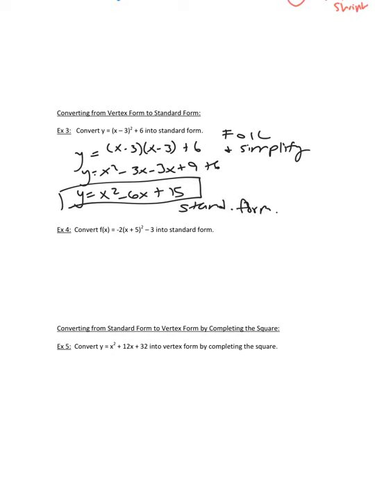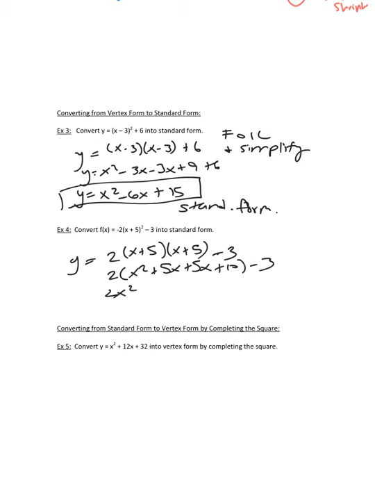Okay, those are easy. Example 4, you can pause me and try that one. I'm going to FOIL first, then I'll distribute the 2, and then I'll subtract the 3, and I'll be in standard form. So I have 2 times x squared plus 5x plus another 5x plus 10 minus 3.